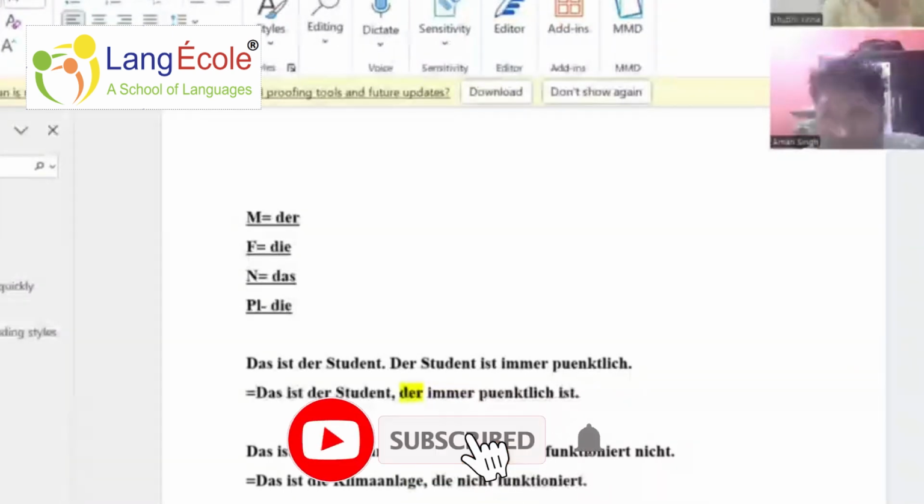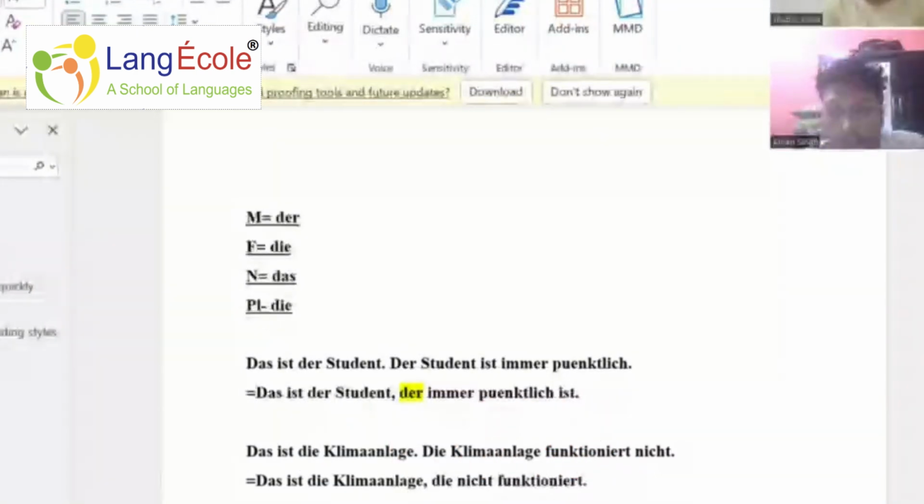Relative Sätze im Nominativ. Peter White, the person. Peter White ist ein Radiosprecher, the speaker who speaks on radio. Der Radiosprecher ist in der Sendung eingeschlafen. Eingeschlafen, slept. So, what is the common noun here?